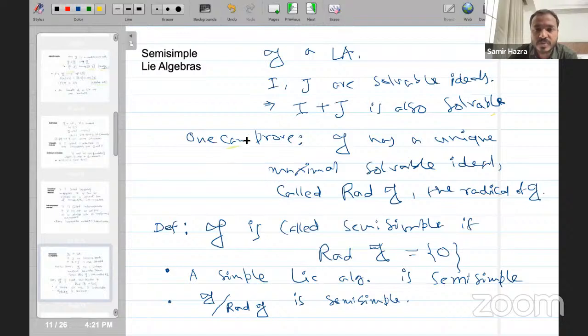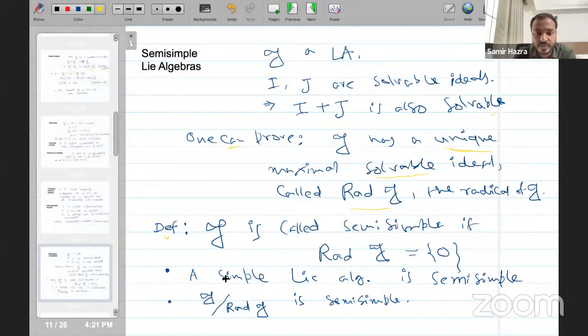And from there, by a simple dimension argument, one can prove that G has a unique maximal solvable ideal, which is called the radical of G. Now the definition of semisimple Lie algebras: if for some Lie algebra G the radical is trivial, then the Lie algebra is called semisimple.